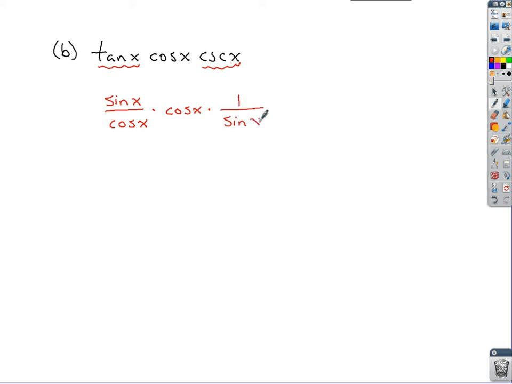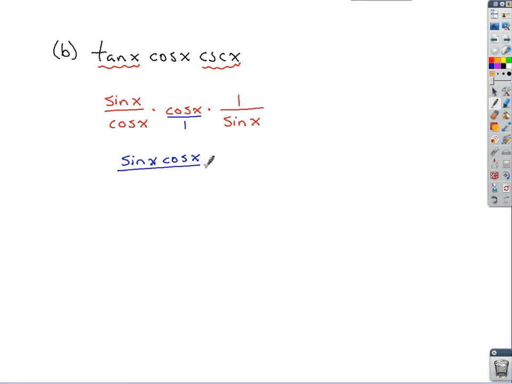over sine of x. From here, we've got a lot of fractions just to multiply, so this middle cosine, I might put that over 1. As I multiply through, notice how I have sine of x times cosine of x times 1 on top. So if I wrote that out, it'd be sine of x times cosine of x like that.